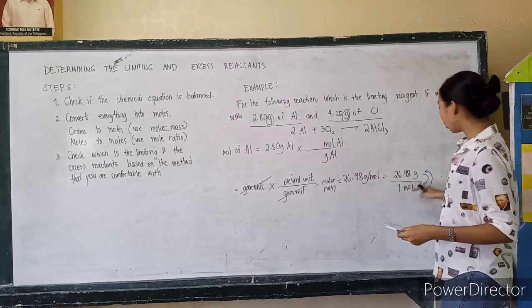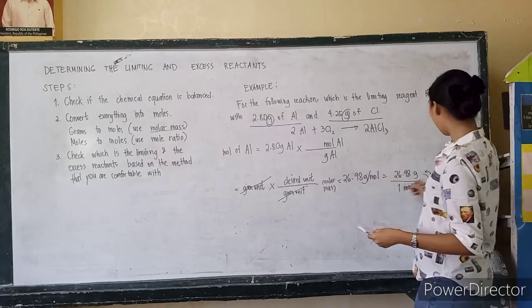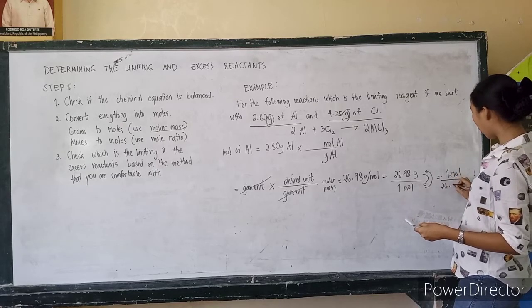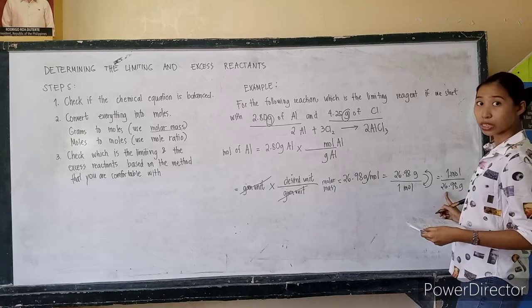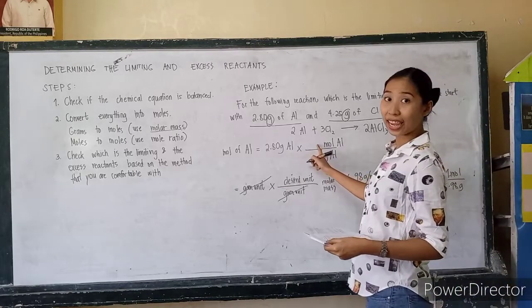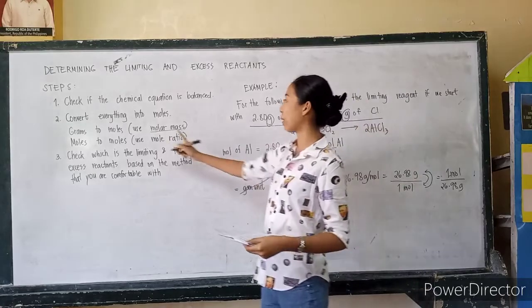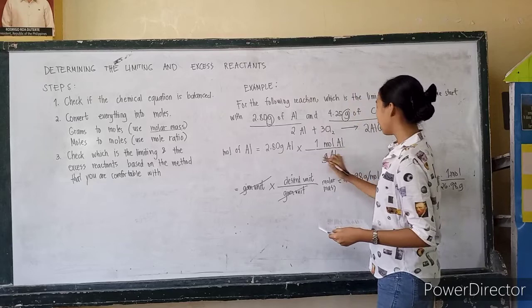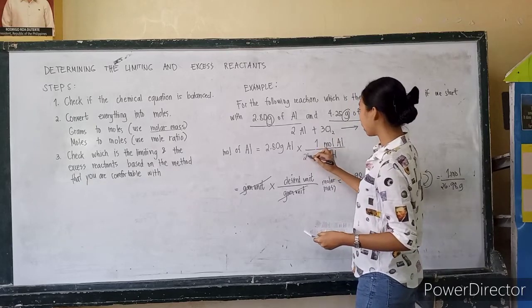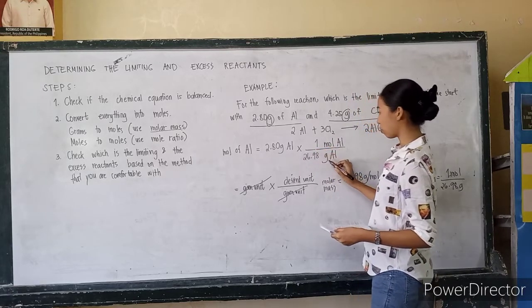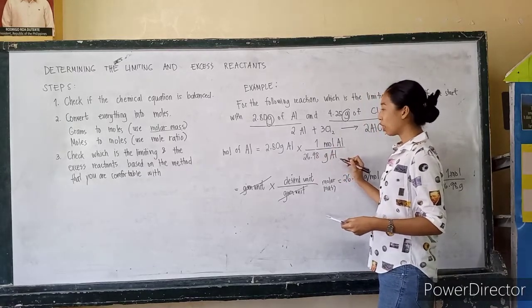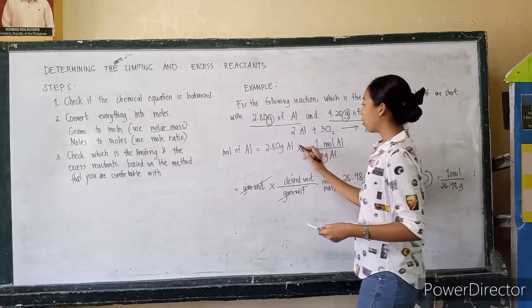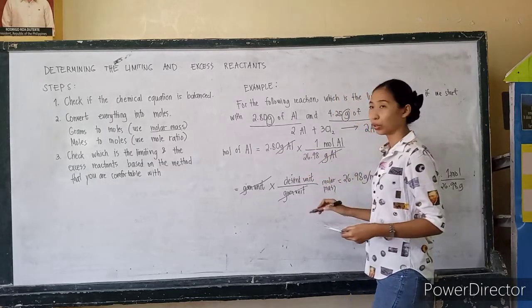That is why, kung baliktaron nato, this becomes now 1 mole. For every 1 mole, you have 26.98 grams. So now it becomes 1 mole of Al over 26.98 grams of Al. Therefore, same lang man ang unit, pwede nato ma-cancel out.